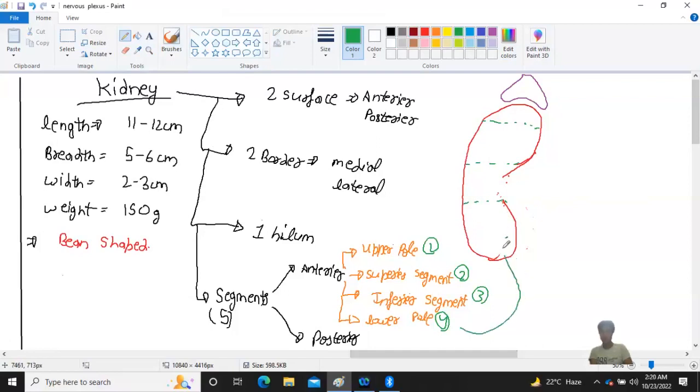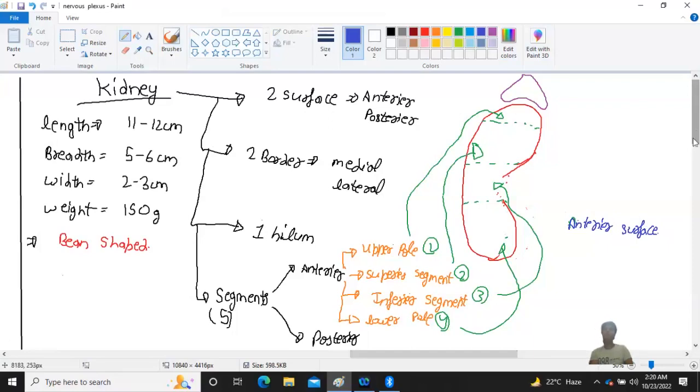This is the lower pole, this is the inferior segment, this is the superior segment, and this is the upper pole. So these are the segments. This is the anterior surface.